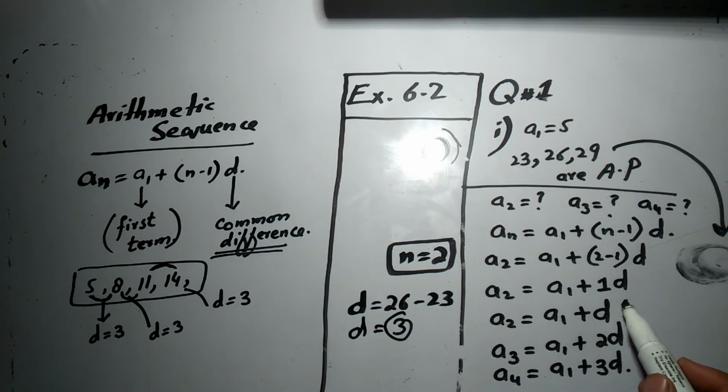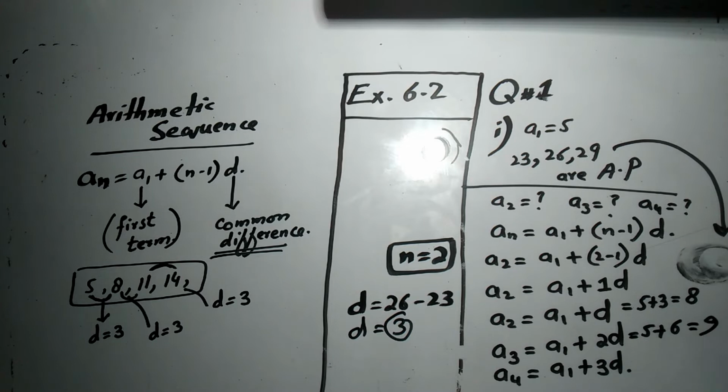So a2 will be equal to a1, which is 5, plus 3, which is equal to 8. a3 is 5 plus 2d, which is equal to 11, and similarly a4 is 5 plus 9, which is equal to 14. So a2, a3 and a4 are 8, 11 and 14.